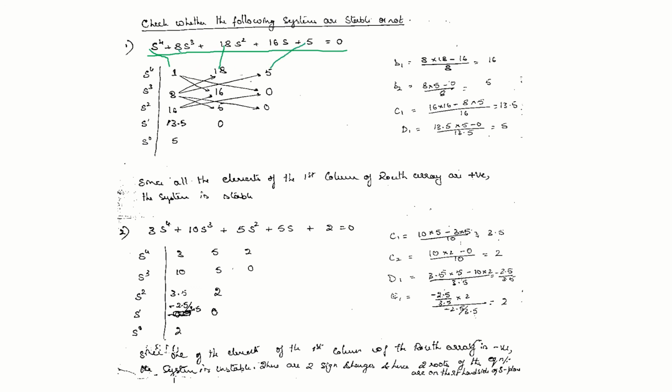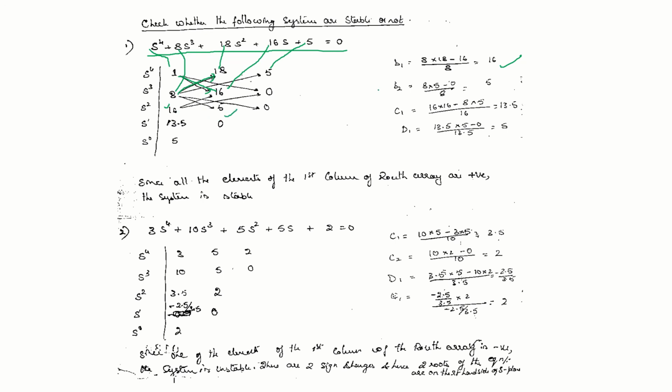Okay, next row 8, 16, here nothing is there, put 0. Then we have to find this element. 8 into 18 minus 1 into 16 divided by 8. You'll get 16. 8 into 5 minus 1 into 0 divided by 8. That is 5 itself.